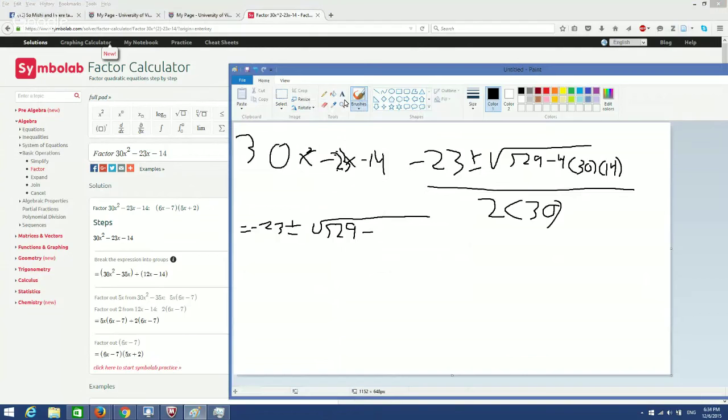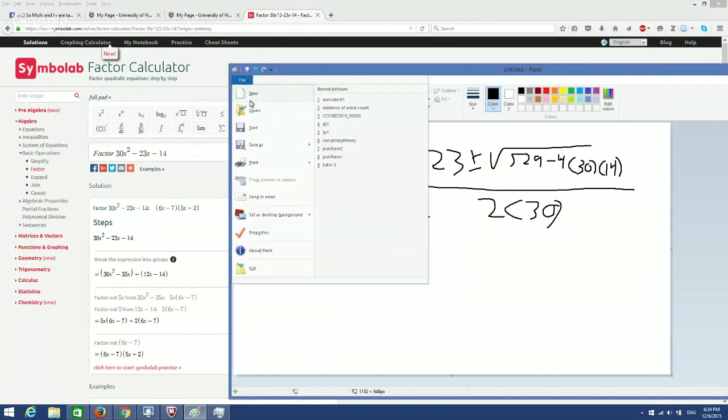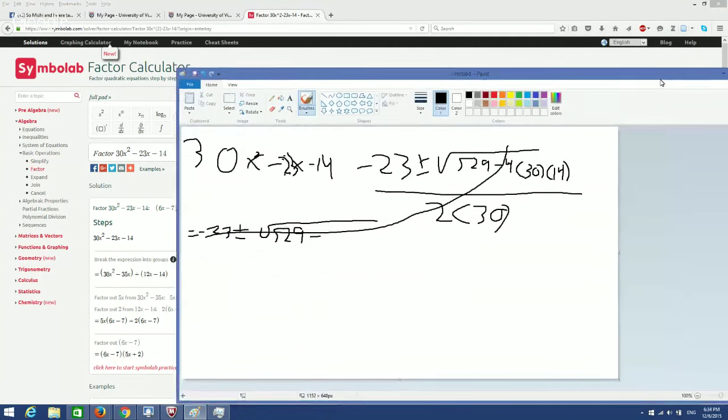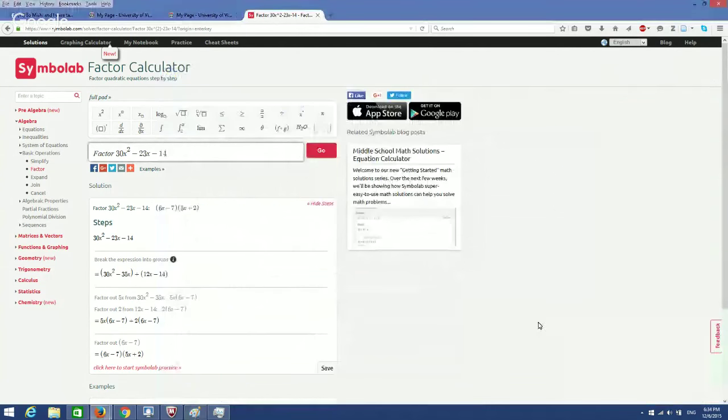Even though it should. So what we're going to do is we're going to clear out, and we're actually going to just put a line through a large chunk of this here. So for the steps for this one, I'm just going to go to Symbolab in order to get what we need. So we're going to do 30 times negative 14.